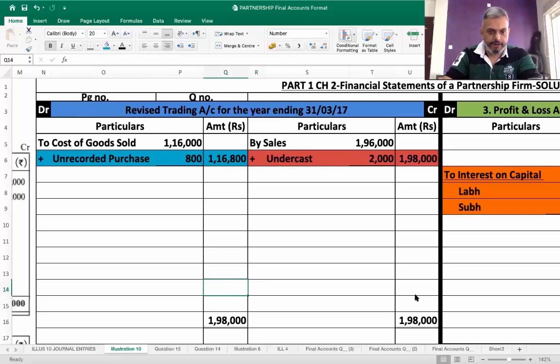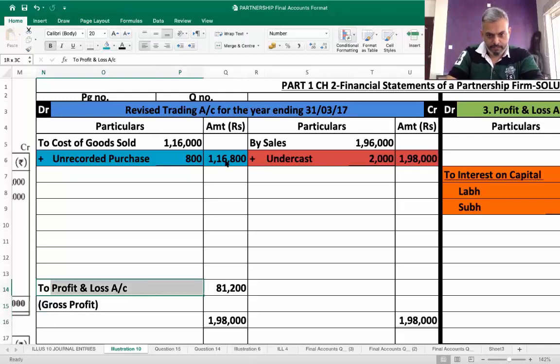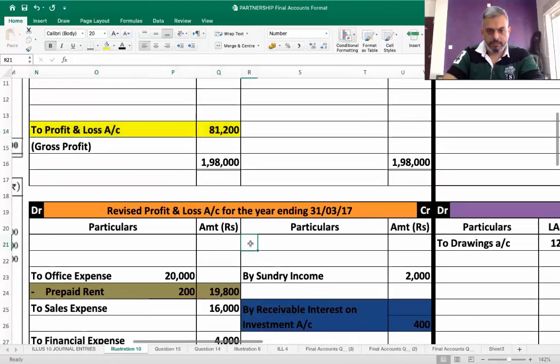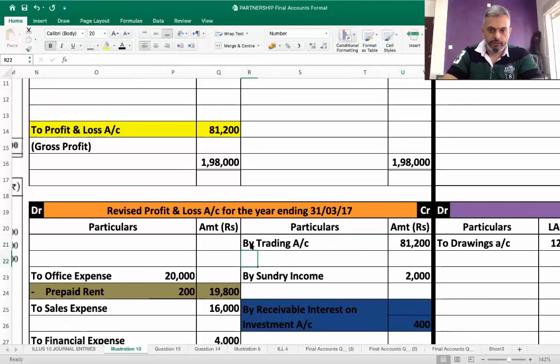We find the profit, gross profit. 81,200 to profit and loss account. Gross profit. By trading account 81,200. You may also use revised trading account. That's also right. Gross profit.